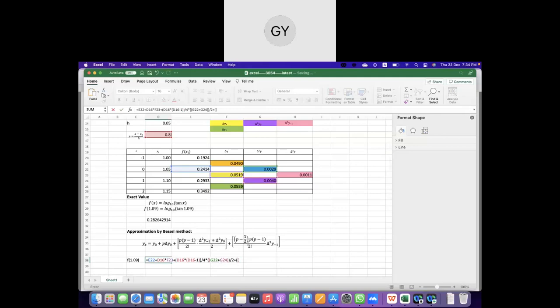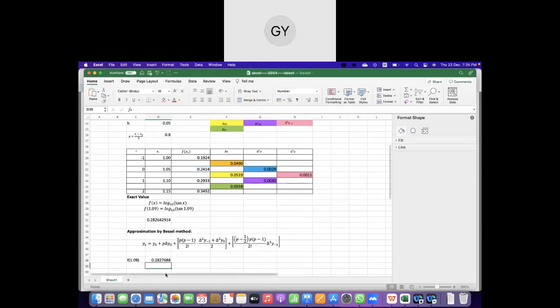Then plus again bracket p minus 1 over 2, so 0.8 minus 0.5 bracket, then times p again 0.8, then times again bracket p minus 1, which is bracket 0.8 minus 1 bracket, then divided by 3 factorial, then times the last number, which is third DD -1, pink color, 0.0011, then enter.